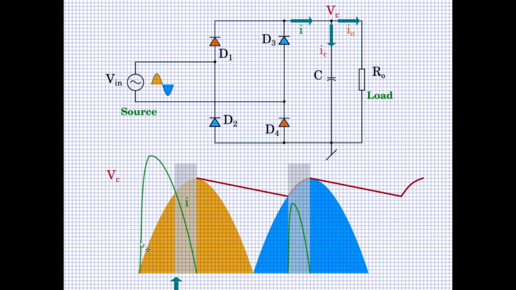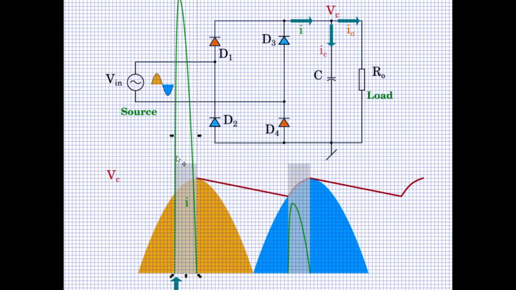There could be a huge surge current. So what happens to the current waveshape? The current waveshape may look something like this, but the amplitude may just go out of the screen. It may be a very large current, and then you will start having the steady state.